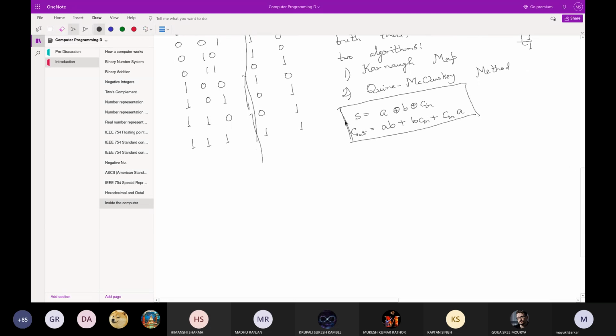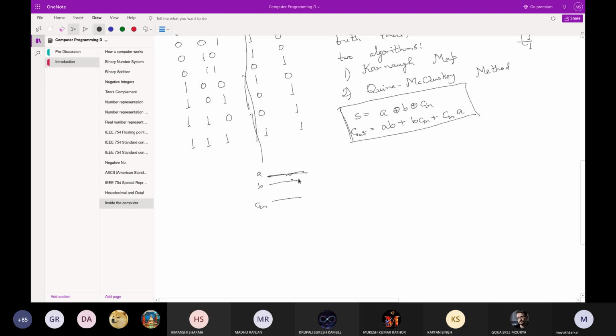Now, once you have the Boolean expression, getting the circuit is straightforward, right? So again, I'll have A and B, and this time C in as well.